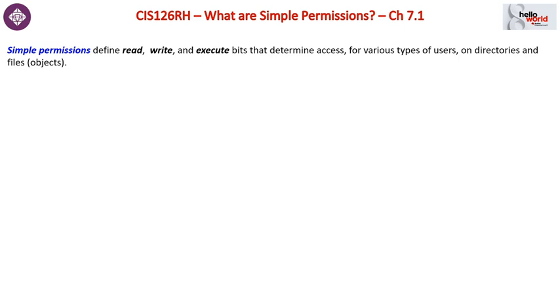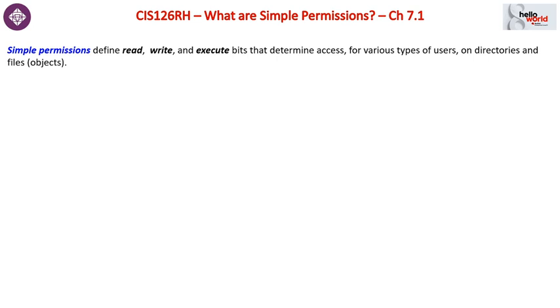Now, in context of directories, the read, if it's turned on, is what allows us to use ls, show the contents. The write is what allows us to create objects inside the directory, like other child directories or files.